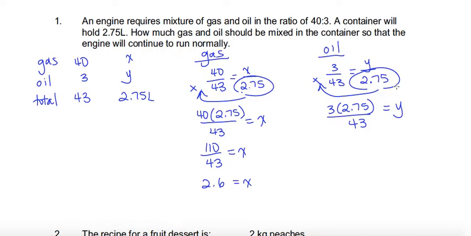3 times 2.75 is 8.25. And 8.25 divided by 43 is about 0.2, 0.19.